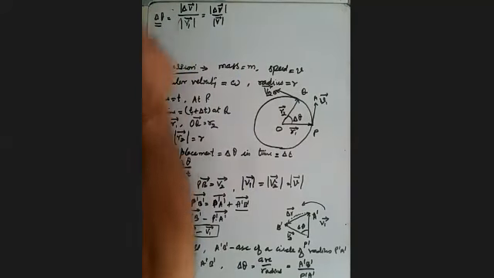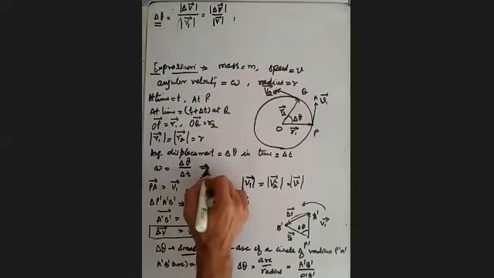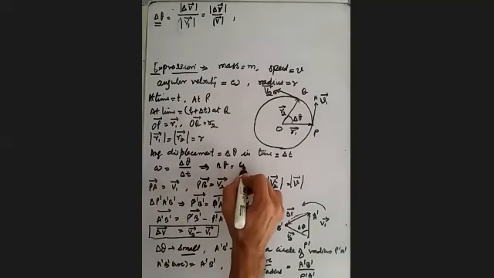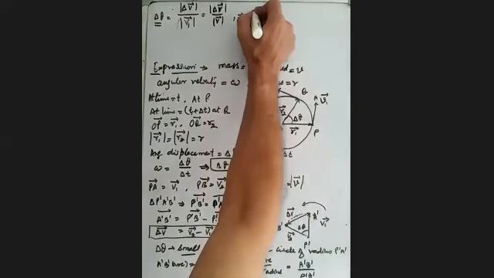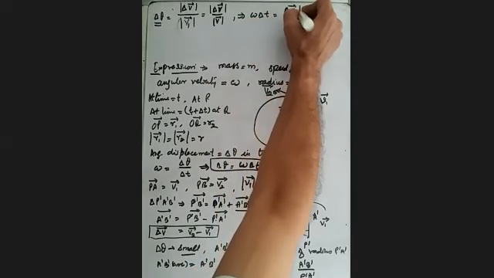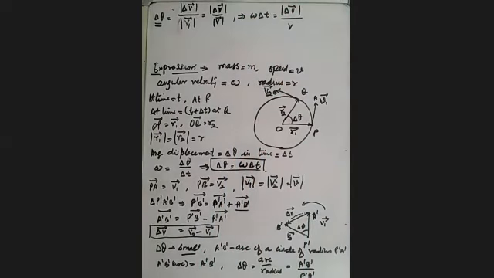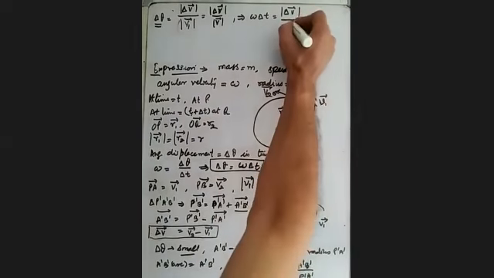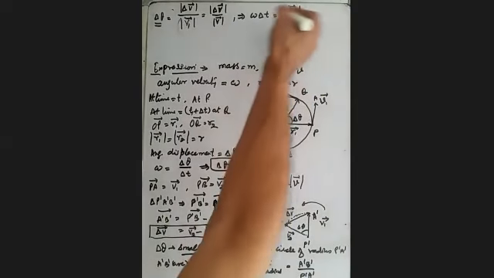Now what is delta theta from the previous result? From this we get delta theta is equal to omega delta t. So use it here. This implies omega delta t is equal to the magnitude of delta v upon v, or just for our convenience let us use mod. Now just rearrange.